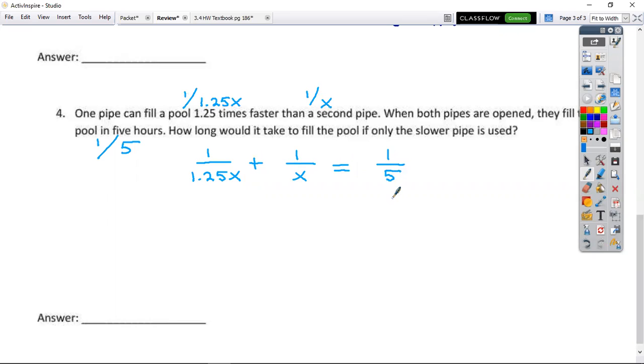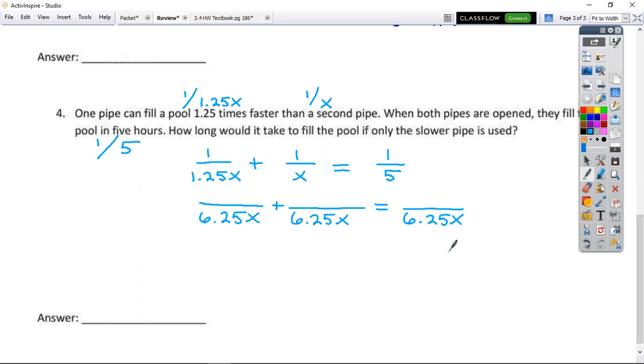Okay, to get your denominator, what you want to do is multiply those numbers. So what is 5 times the 1.25? That'll get your denominator. So this is 6.25x. So 6.25x equal to 6.25x.